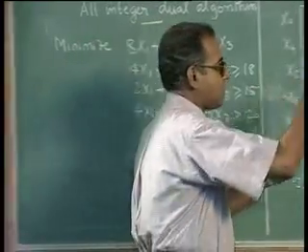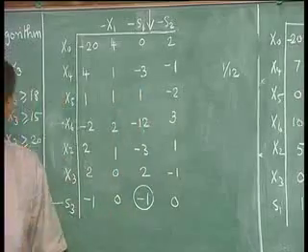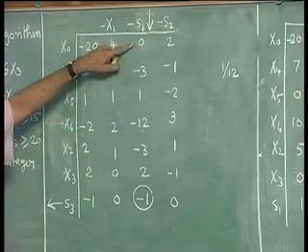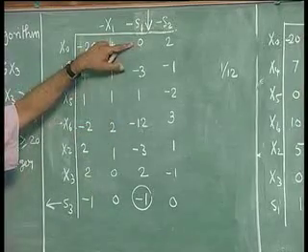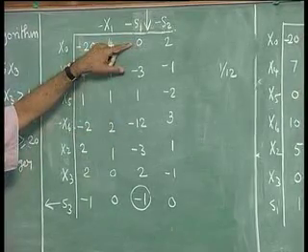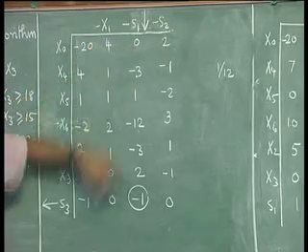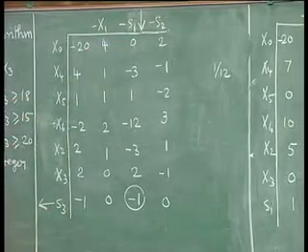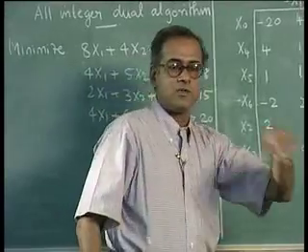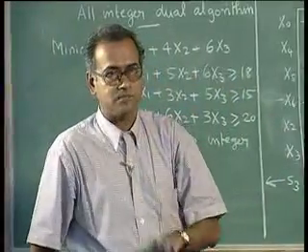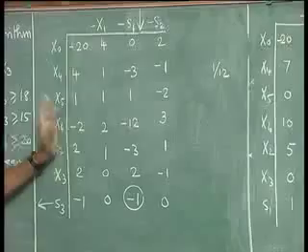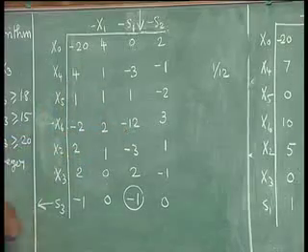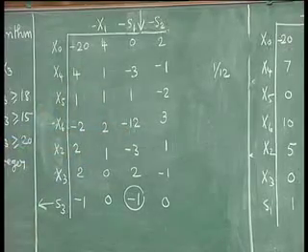But all these things that we did, we need to remember that when the smallest element happens to be 0, we will have to keep it as 1 and it will automatically qualify to make the cut. When the smallest element is a non-zero element, then you divide so that you get a 1 and then you proceed. And in every stage you will only have to take the negative element and then generate the cut.